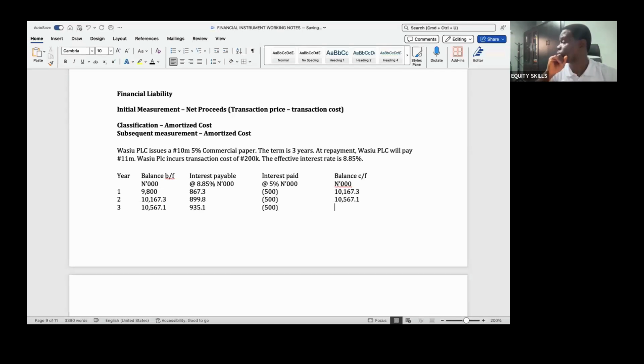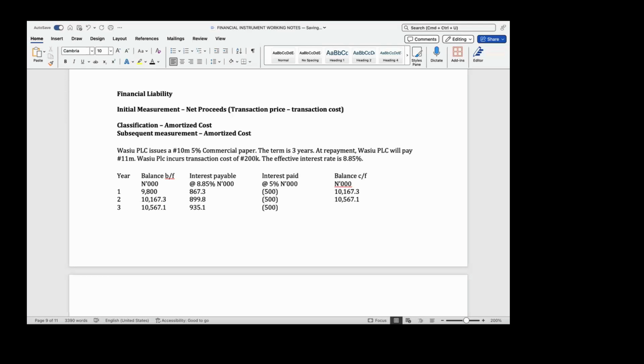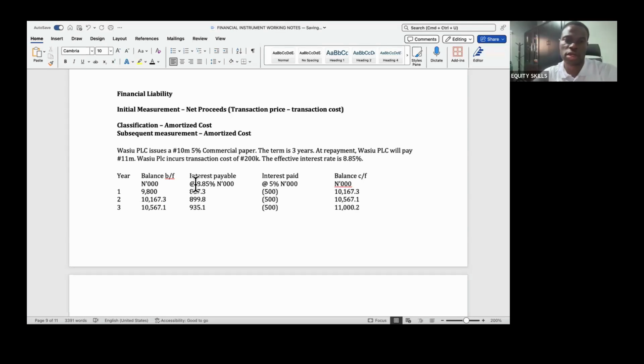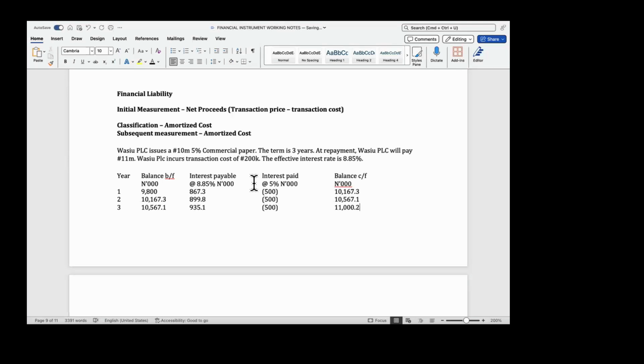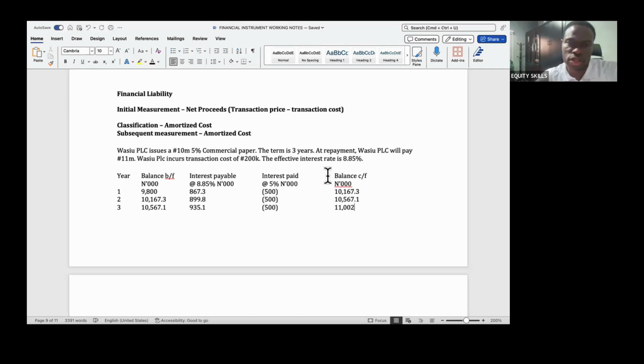So what's the balance here? 11,002. Okay, I use approximation. That's 11,002, which is jiving with this 11 million substantially. The difference will probably just be approximation, so no issues.